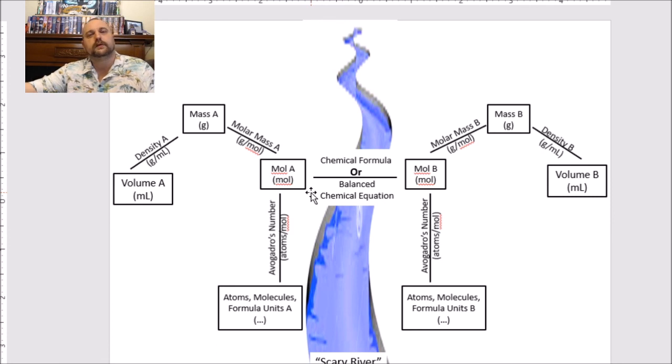We'll now be able to use the coefficients from the balanced chemical equation, and we can use the reactants to the products, or be going from one reactant to another reactant. And so these problems aren't any more difficult than what we saw in the first part of this chapter, but the only thing new is you sometimes have to balance the chemical equation and kind of combine these ideas.